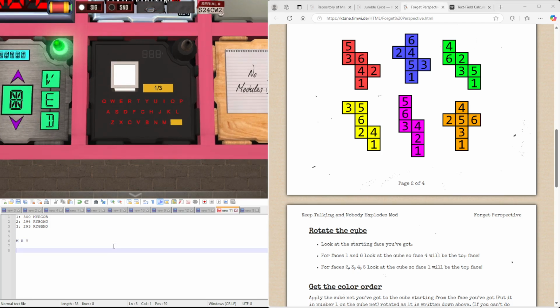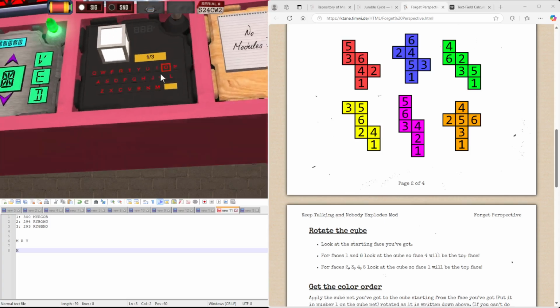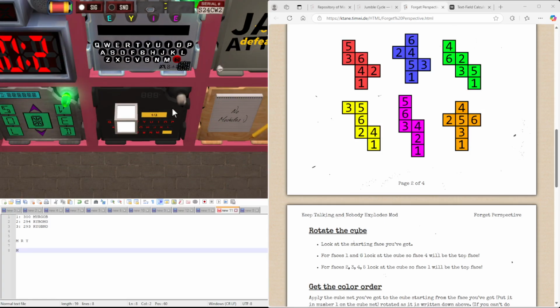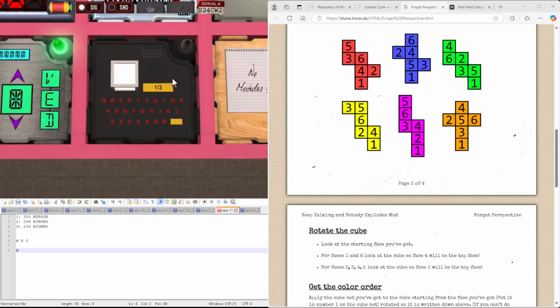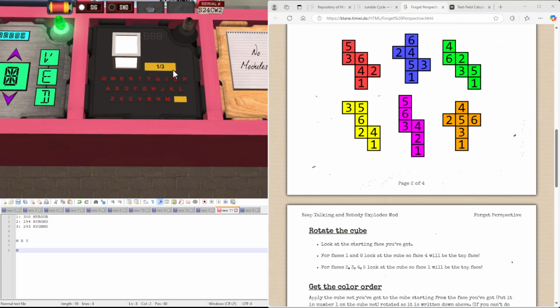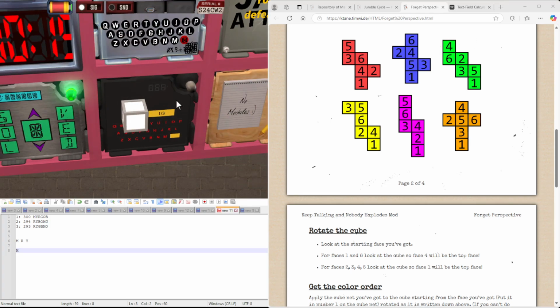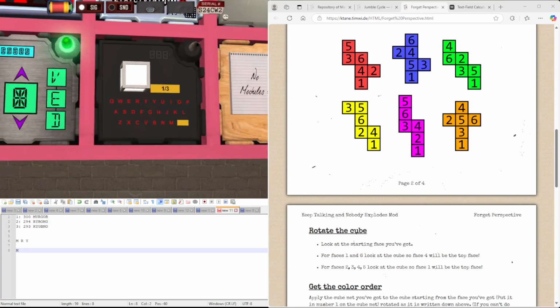That would be M. Then 2, 3, 4. The G. And 6 would have been the next one from there.